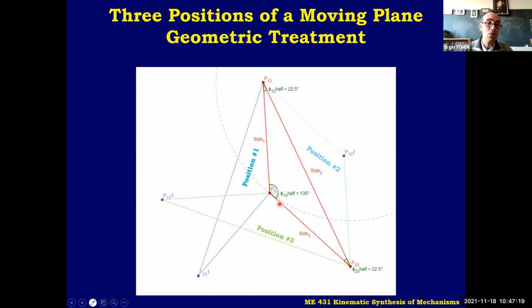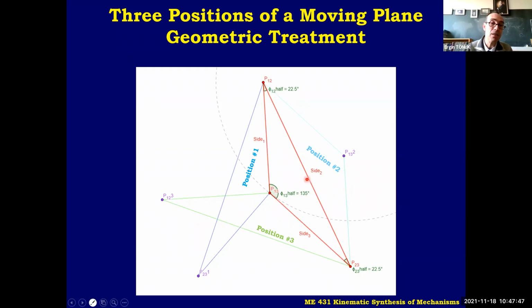Or you can take the mirror image of P12 with respect to side 3, which is this. So you obtain P12 in position 3 like this. So that's the image pole triangle for position 3, the green one.